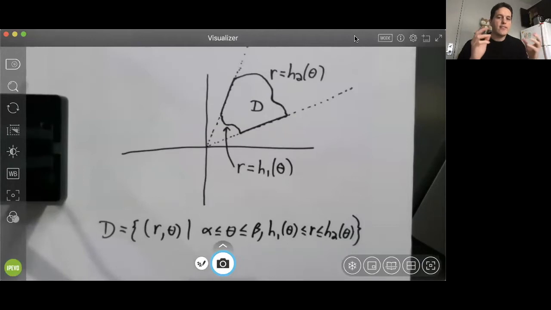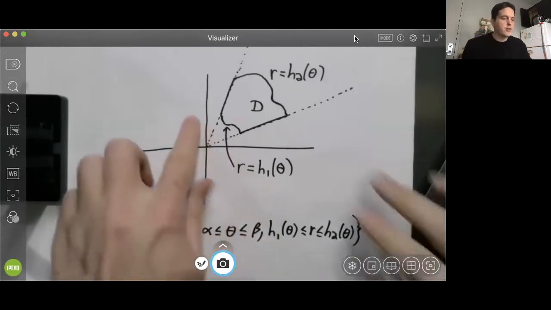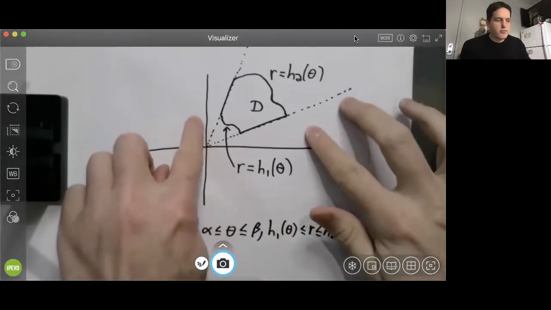And then we had to figure out how to integrate our function f over a more general region, which is a type 1 region. Well, now our situation is analogous. We already know how to integrate a function over a polar rectangle. We have a special formula to do that. And now we have to figure out how to integrate our function over this more general type of region, which is called a polar region.